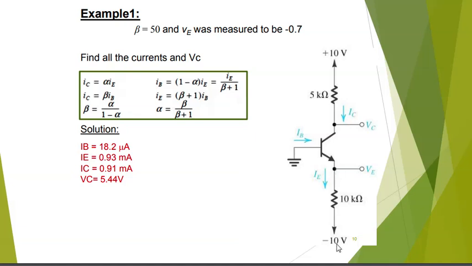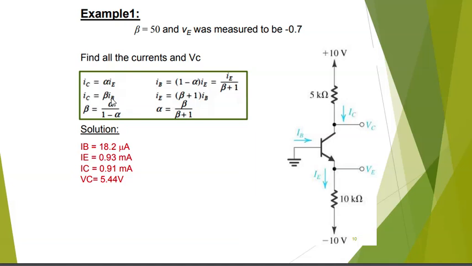So you could find the current here, and using that current and the fact that beta is 50, you can also find the current here. But this beta that I told you, a given value that determines the relationship between IC and IB, only carries this nominal value in the active mode.